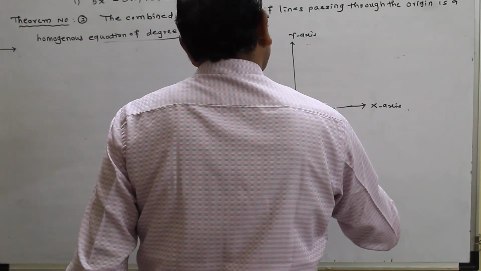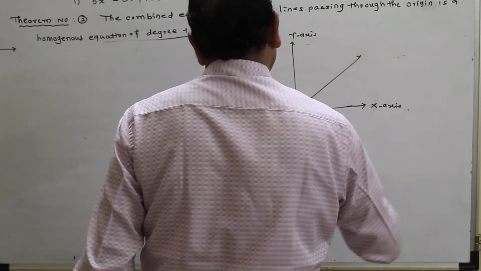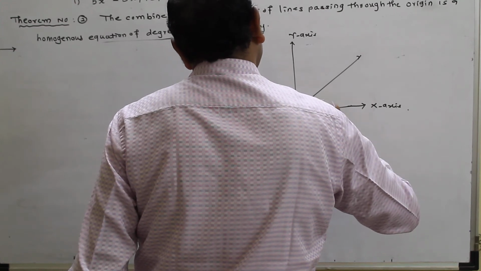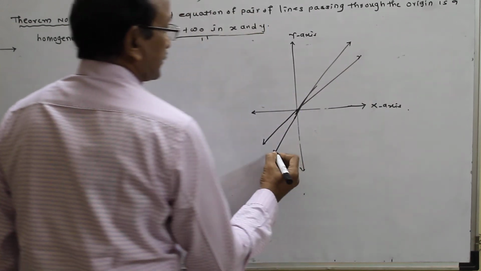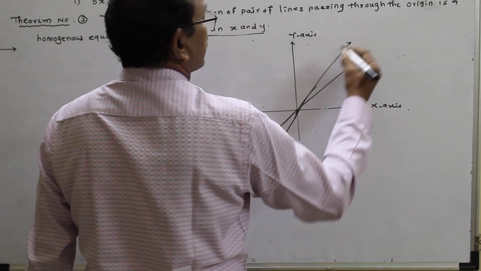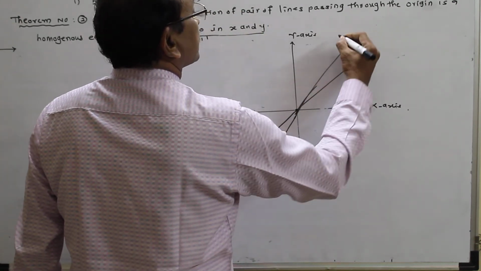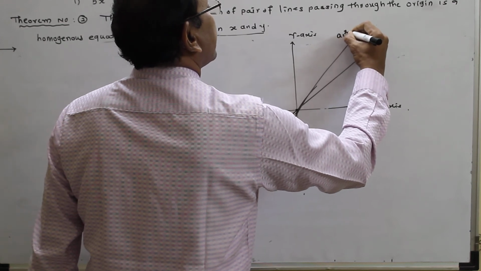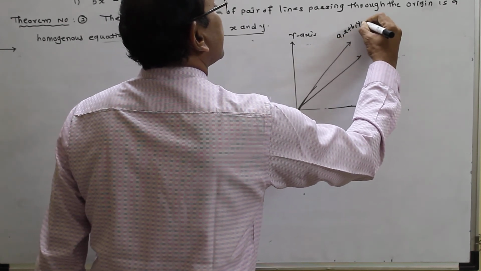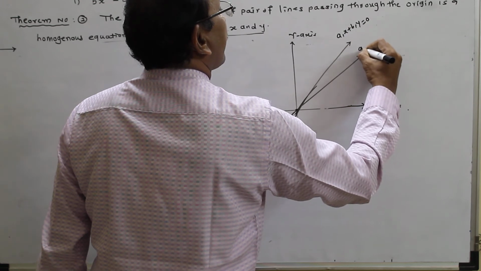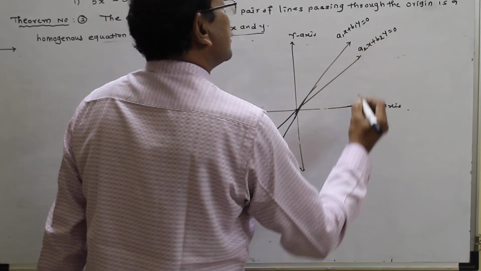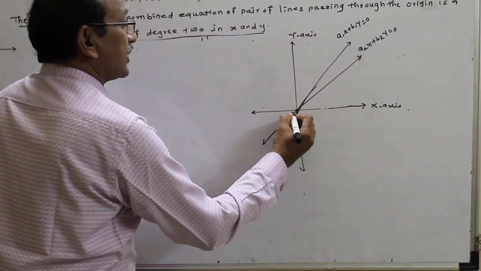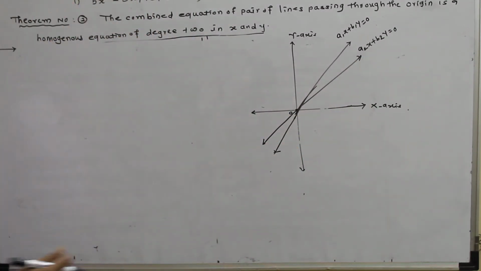Now these two lines pass through the origin. Here a1x plus b1y is equal to 0 and a2x plus b2y is equal to 0. So these are the two equations of lines passing through the origin.